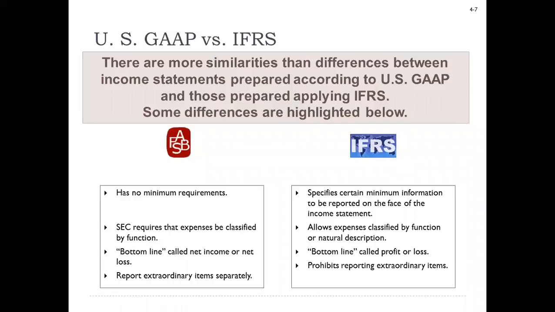These rules apply only to United States, American companies, whereas International Financial Reporting Standards are followed by almost the entire rest of the world. So all the other countries of the world follow this International Financial Reporting Standard, whereas US GAAP is followed only in the US.